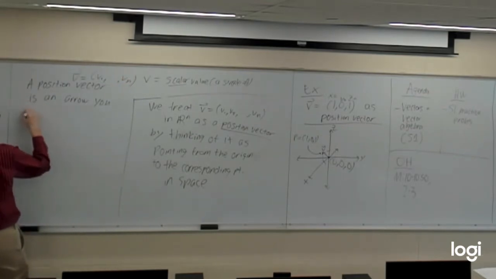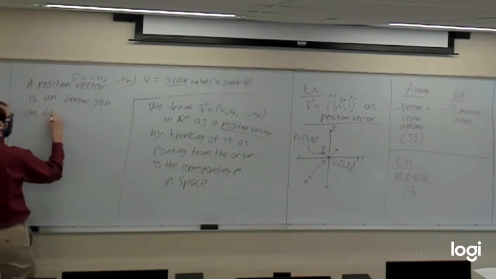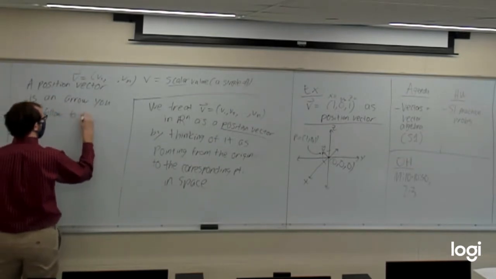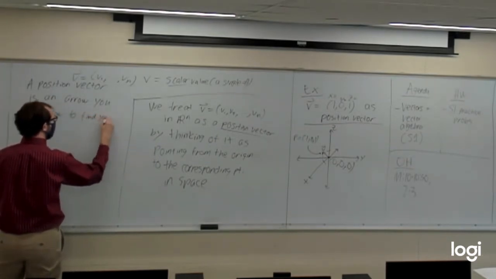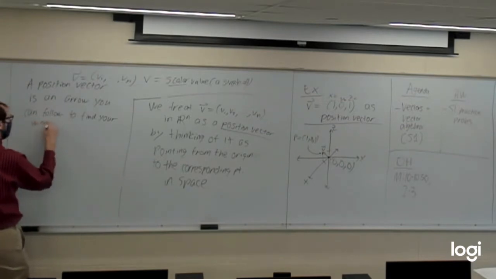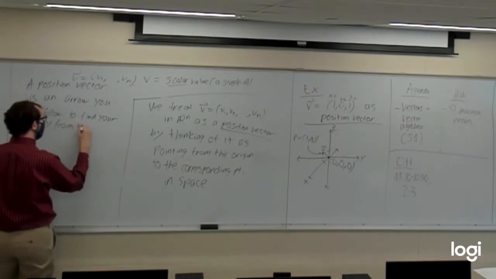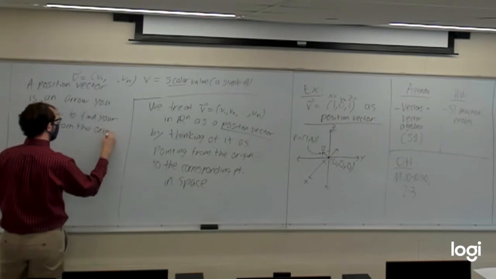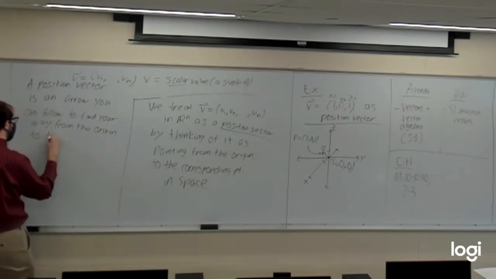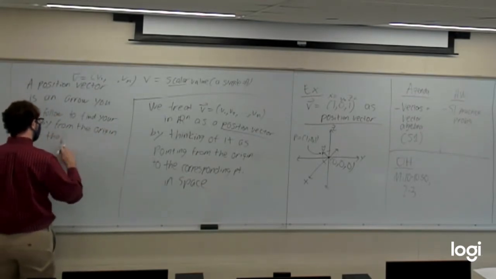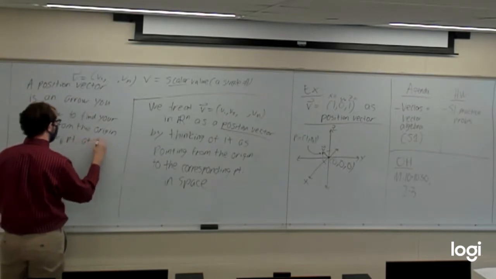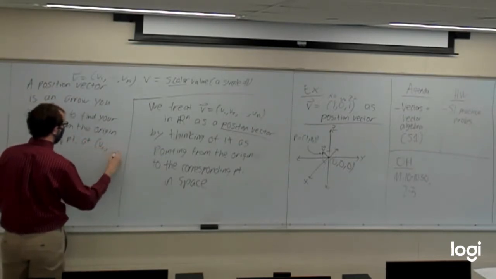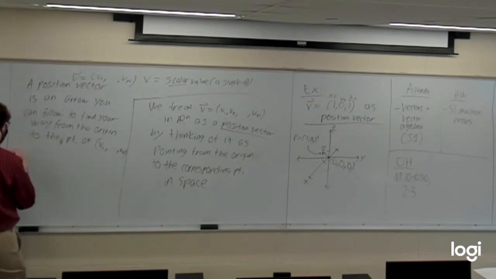It's an arrow you can follow to find your way from the origin to the point at v1 up through vn. In other words, it's an arrow that tells you where the position of that point is.